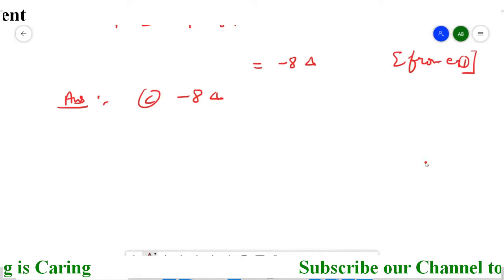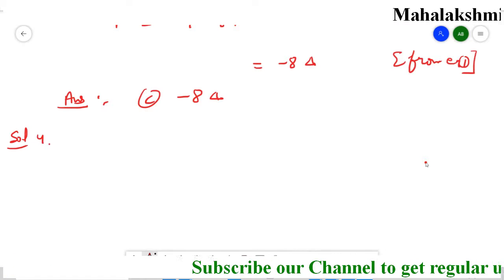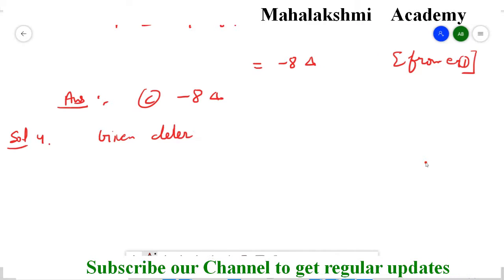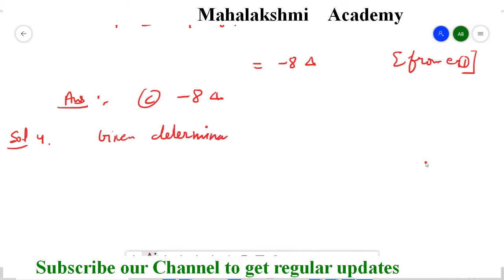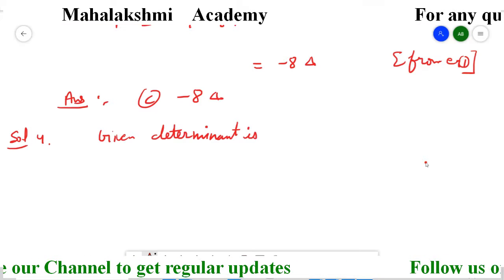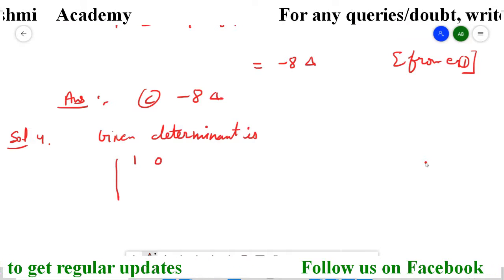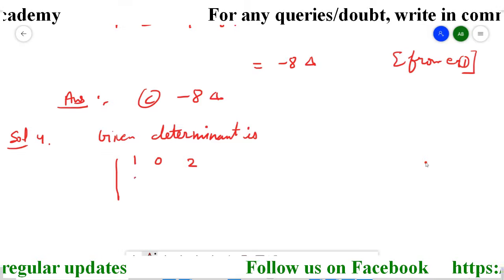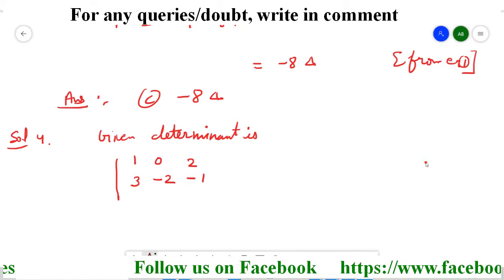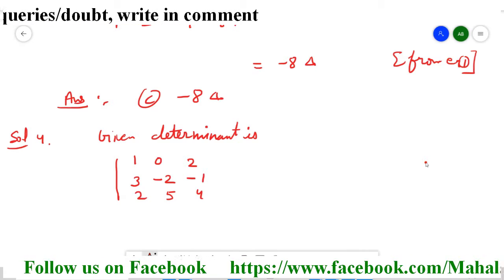So question number 4, the solution. Solution of question number 4. The given determinant is 1, 0, 2, then 3, minus 2, minus 1, 2, 5, 4.